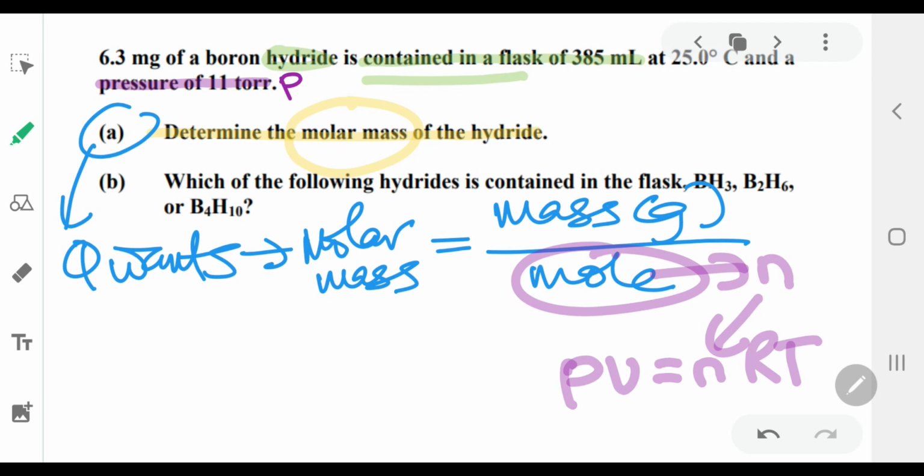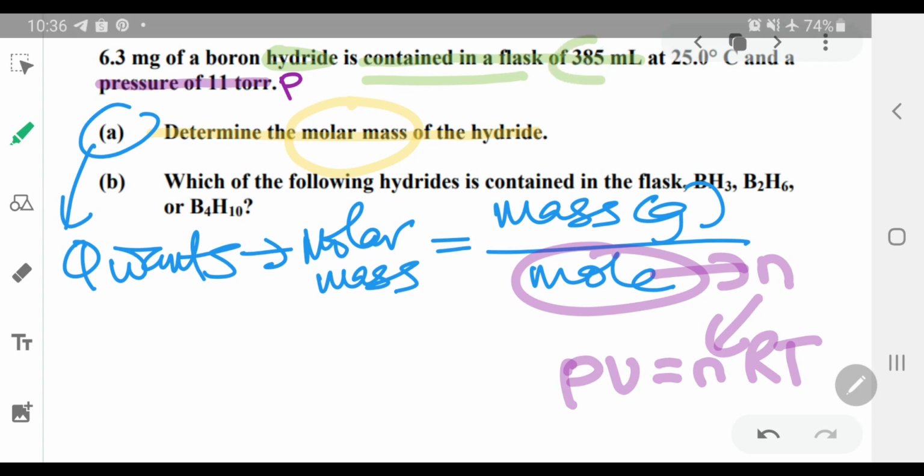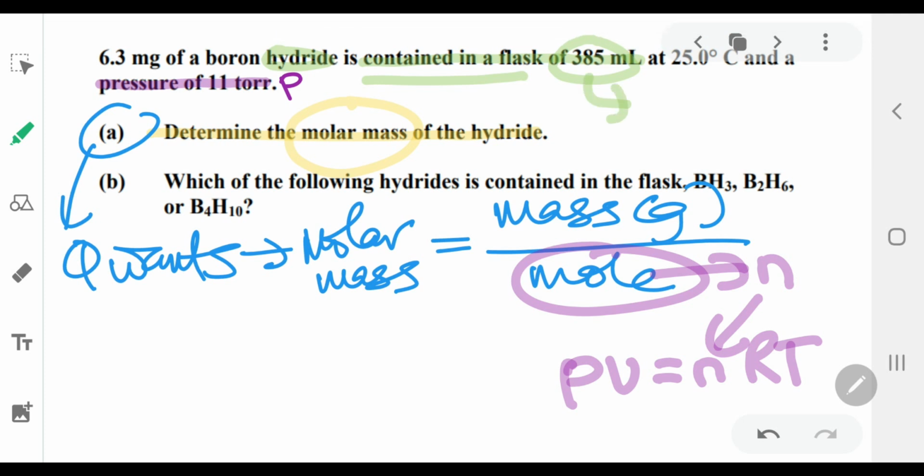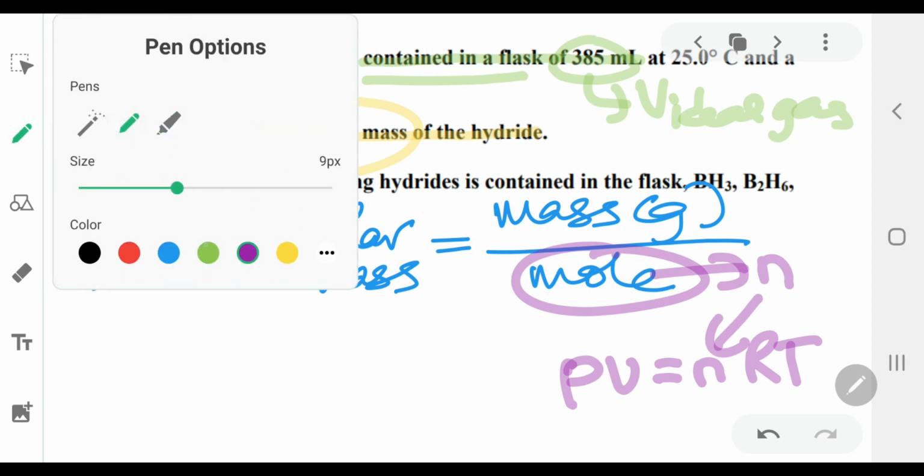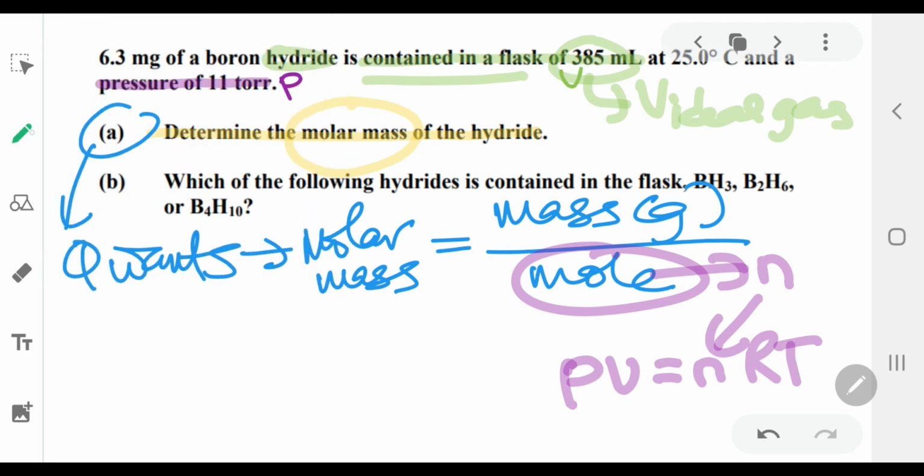And remember, for ideal gas, we have talked about this just now. The assumption is the volume of your ideal gas is negligible, can be ignored. Therefore, if you want to use PV equals nRT, we can safely assume that the volume over here is going to be the volume of your ideal gas as well. So we have your volume, and you have your pressure. Now we have your volume right over here. And what about temperature?